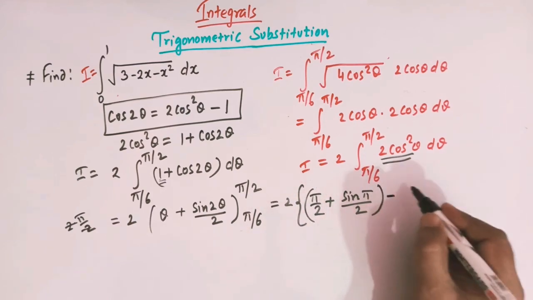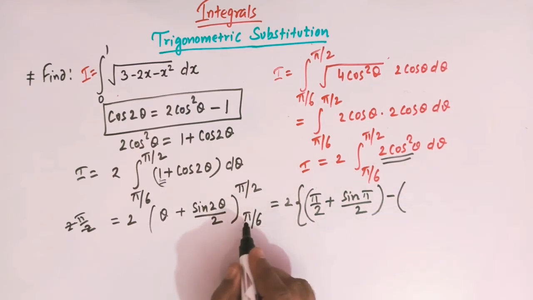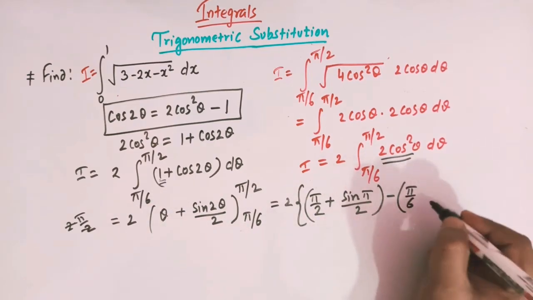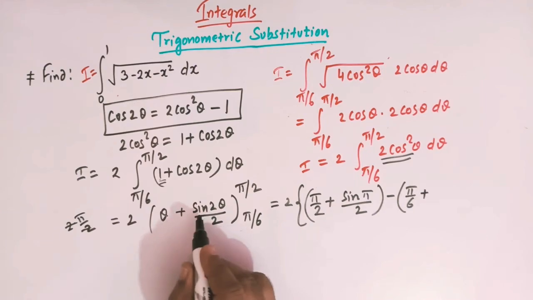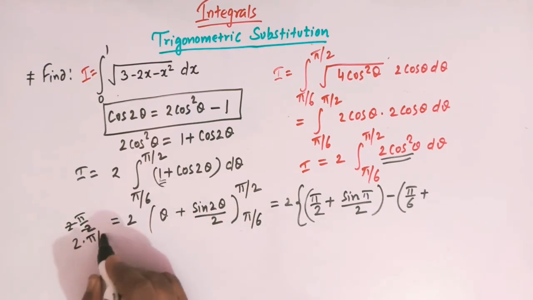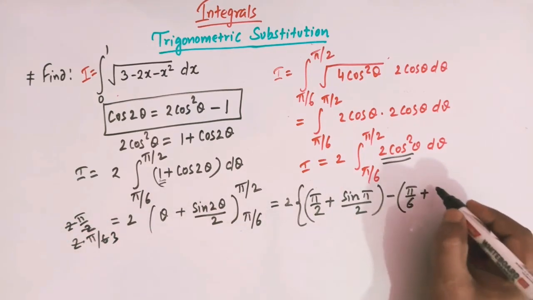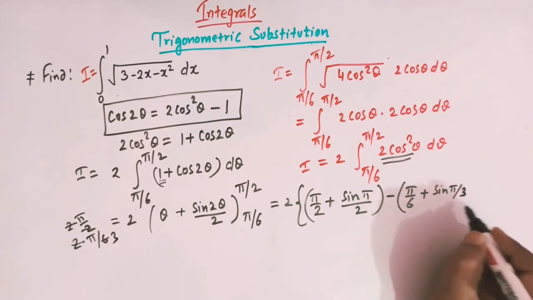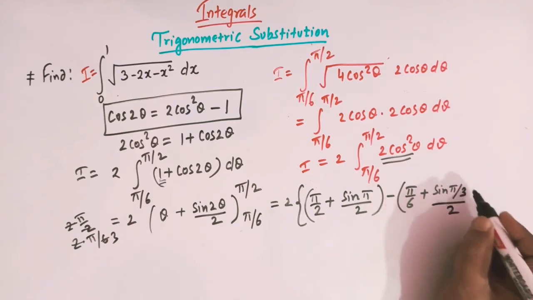And when we take theta equal to pi by 6, we have here pi by 6, and then sine 2 theta, so 2 times pi over 6 is 2 3s are 6, so we have pi over 3. So here we have sine pi over 3 divided by 2, right?